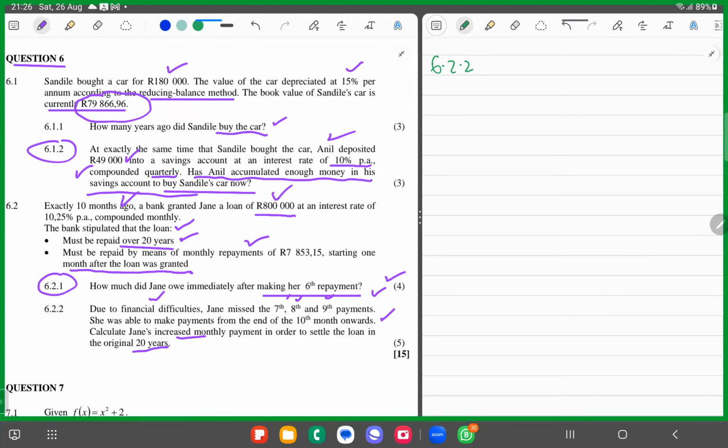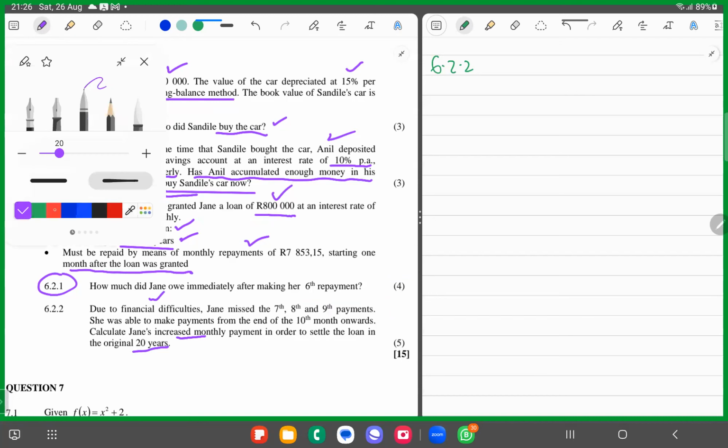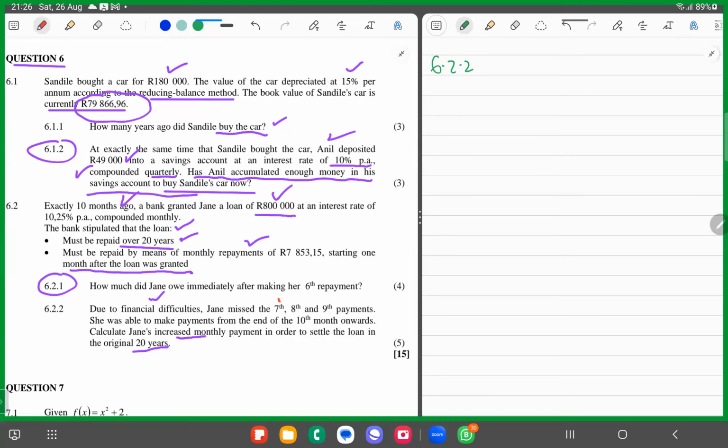Now, Jane is having some financial challenges and doesn't have the money required at the right time. Jane made the 6th payment, but Jane missed the 7th, the 8th and the 9th.